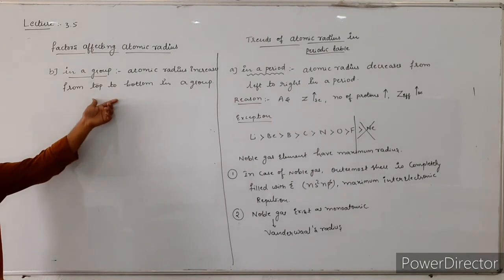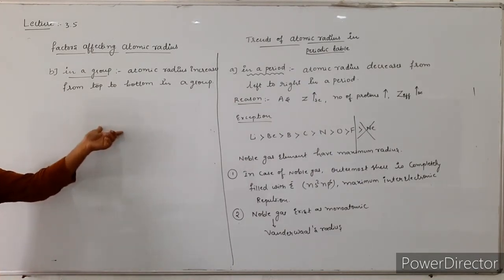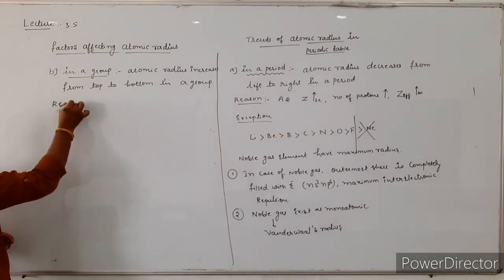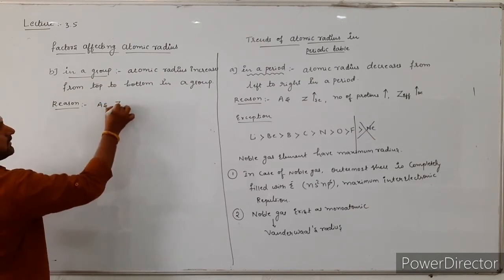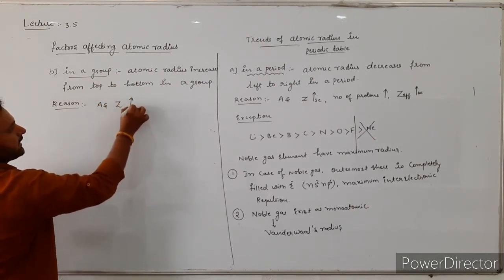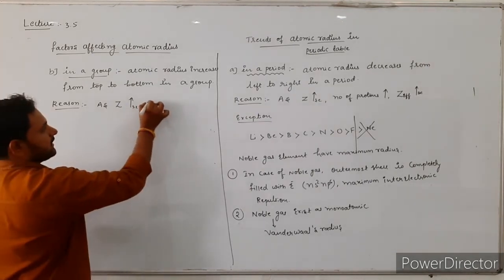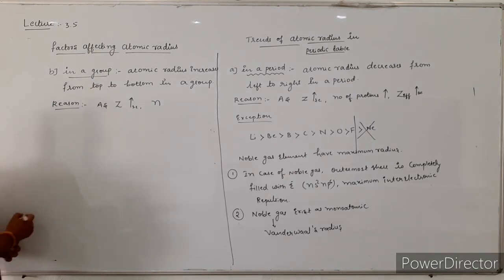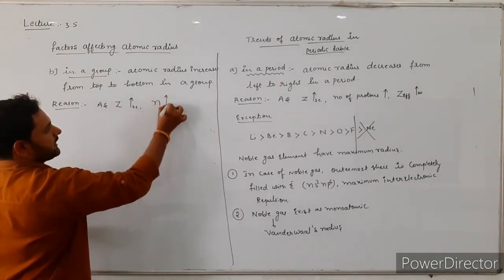Why does atomic radius increase from top to bottom in the periodic table, or in a group? The reason is, as atomic number increases, the number of shells increases. Shells means n, it is denoted by small n. As atomic number increases, the number of shells increases.